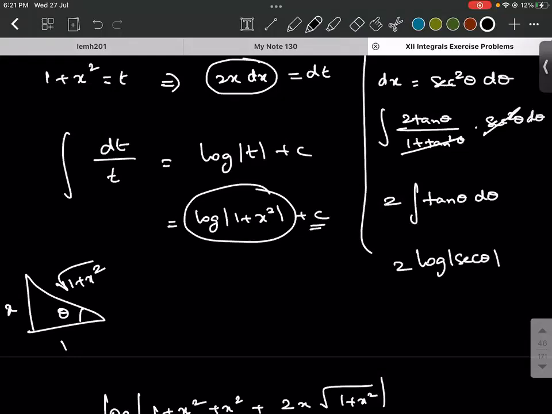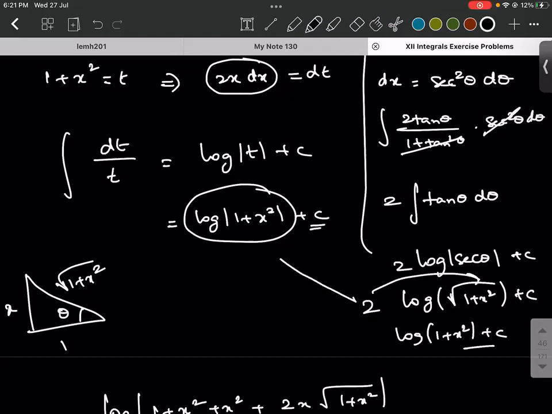Correct? Plus c. So 2 times log of secant theta, which is root of 1 plus x square, plus c. Take this 2 as the power. But I would not suggest this method. So you will do that substitution only in the case of differentiation. Don't do it in the case of integration.